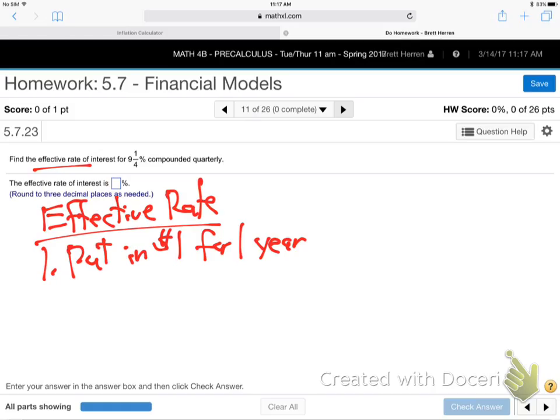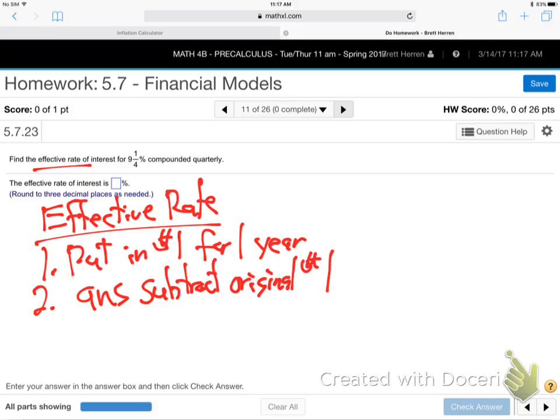Find out what happens to $1 after 1 year. Then you know what's going to happen to every dollar, right? Then take the answer and subtract the original dollar. If you take out the original dollar, all you have is the growth.